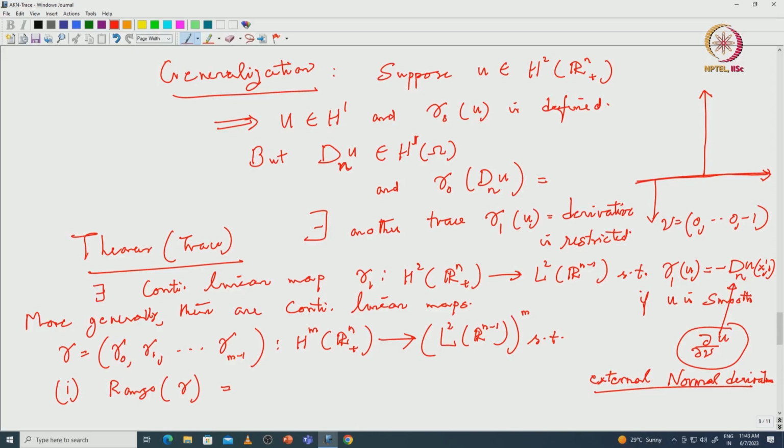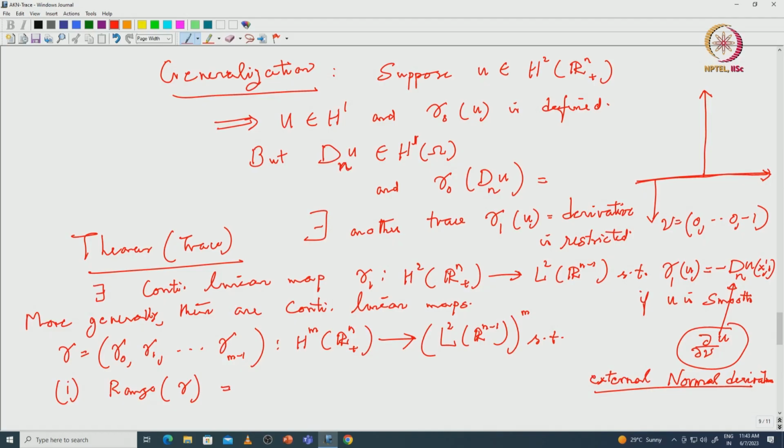When you started with u in H1 of Rn plus, you got the trace on the boundary in H half. That means more and more Hr means more and more regularity. So you lost a regularity of half. Once you take a derivative, you already lost one derivative, and then when you restrict you lose another half. So each derivative that many will be lost plus half.